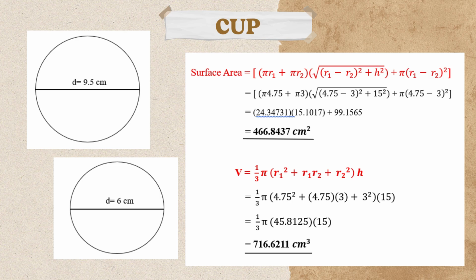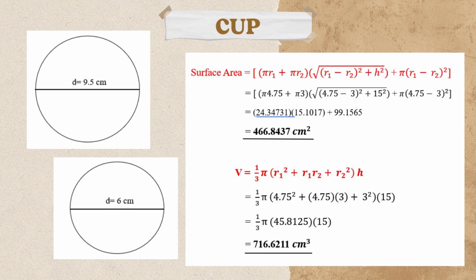Substituting the given information into the formula will give us 1/3 pi open bracket 4.75 squared plus 4.75 times 3 plus 3 squared close bracket 15. Let's simplify it into 1/3 pi times 45.8125 times 15. Keying in this equation into our calculator will give us 716.6211 cm cube. Thus, the answer for how much volume of water the cup can hold.